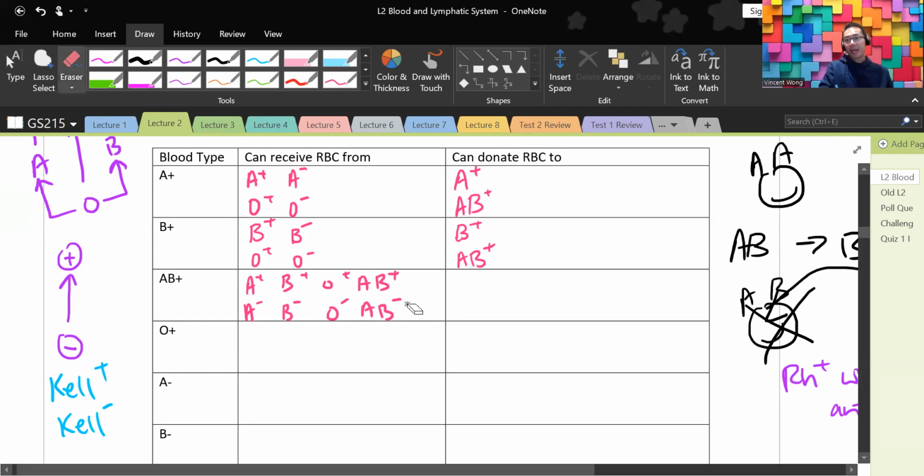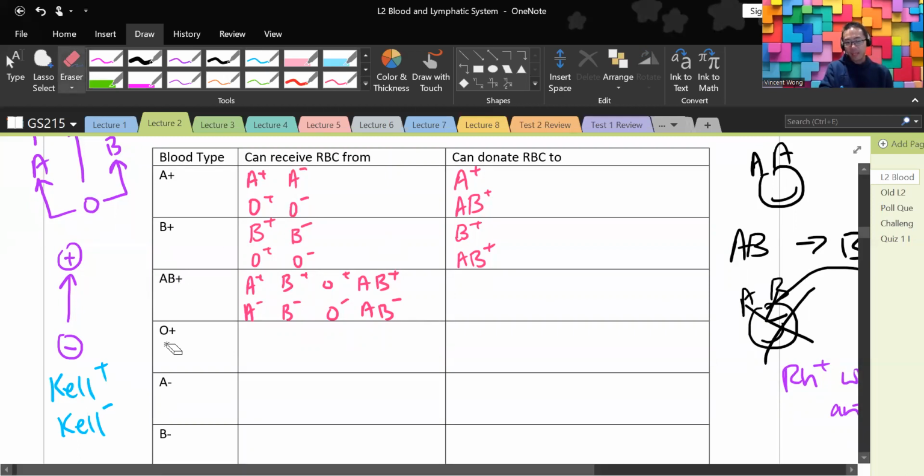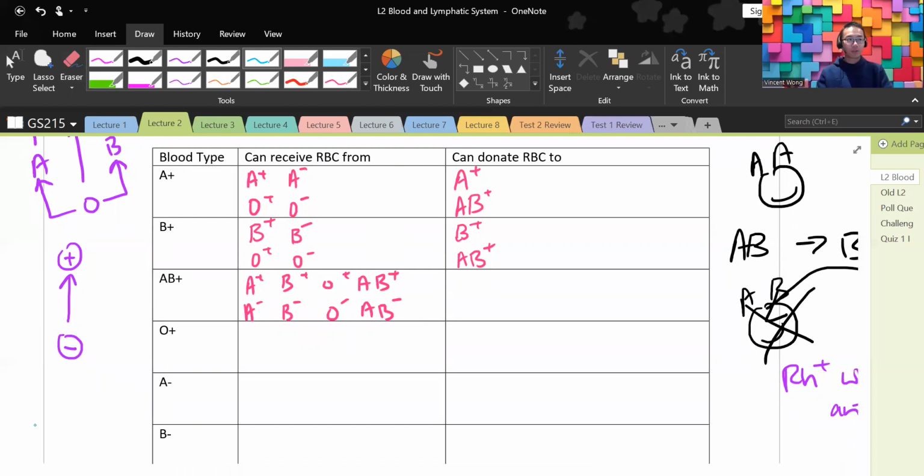So, if I am Cal negative, then I wouldn't be able to receive blood from people who are Cal positive, right? And so, that puts limitation in terms of who I can receive blood from. So when we say AB positive is a universal recipient, or when we say O negative is a universal donor, we are only talking about within the ABO and the RH blood group.